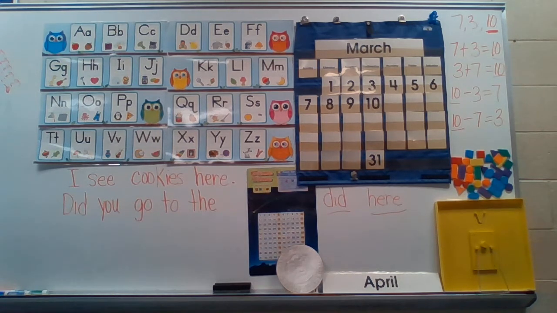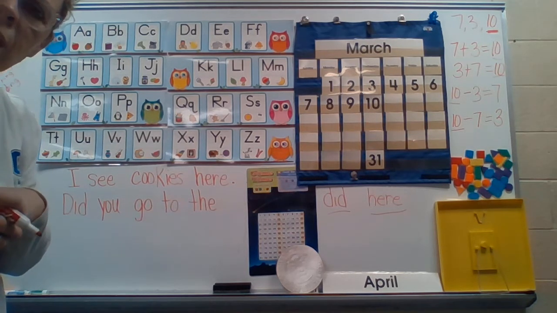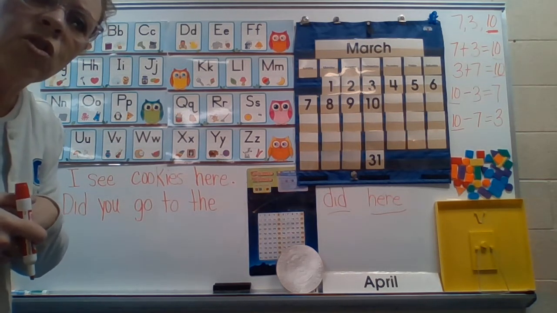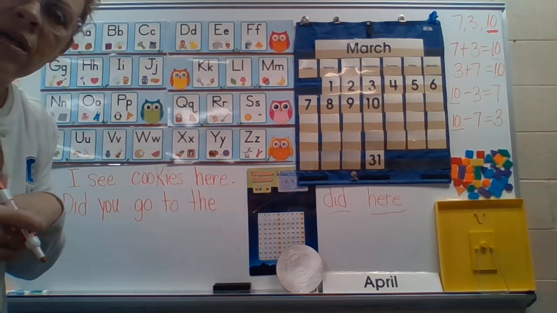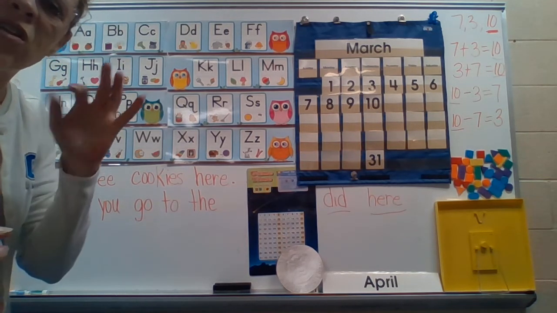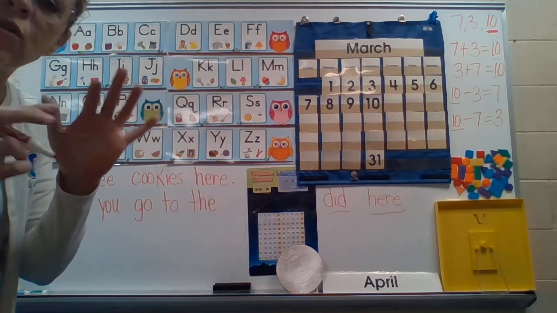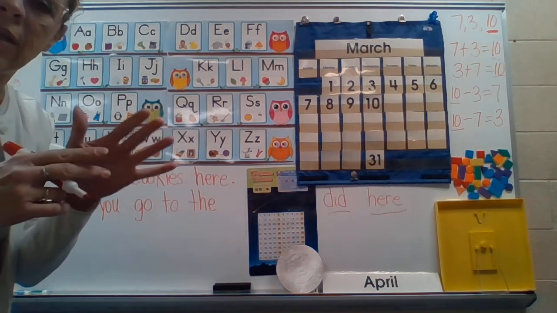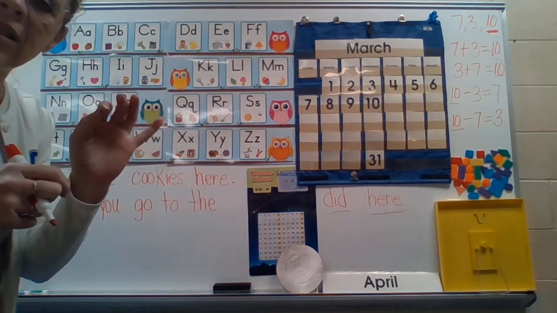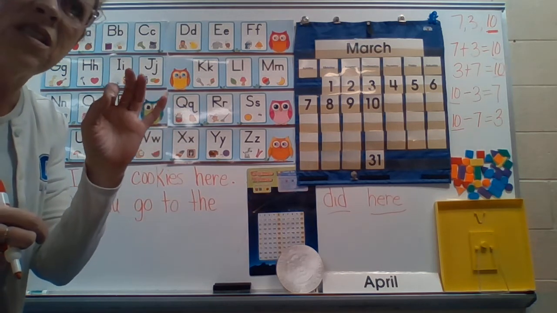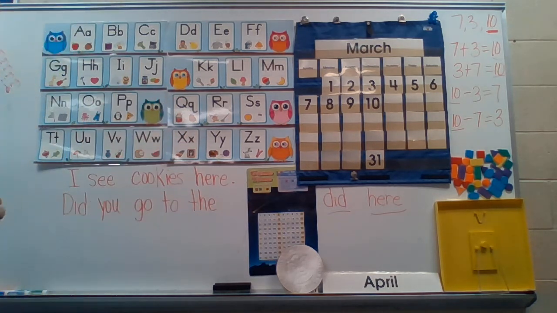Now listen to this next word. Listen to the beginning and tell me what you hear. Store. I hear st. I hear 2 sounds that blend together at the beginning of that. S and T that make that st sound.